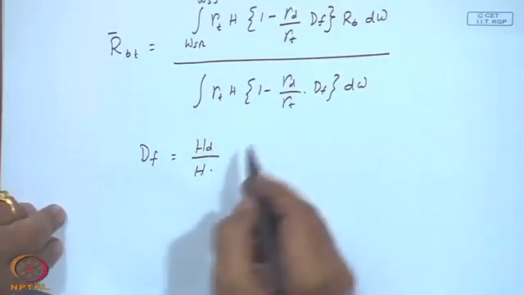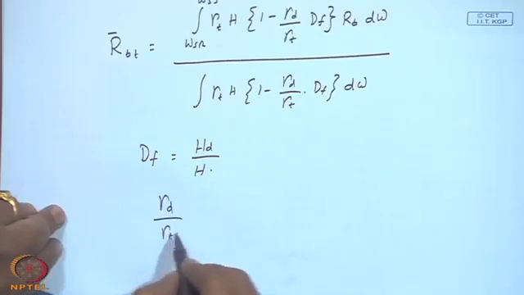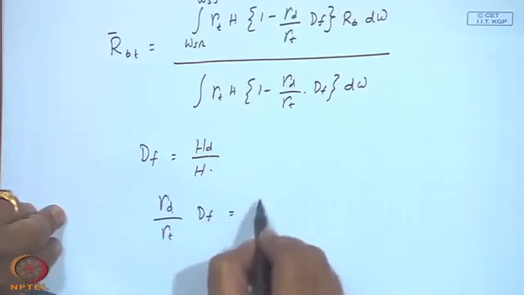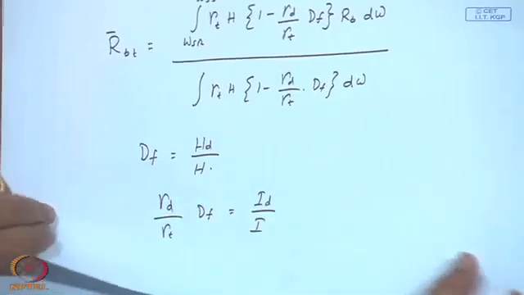Okay. So, r d by r t into d f is nothing but I d by I.